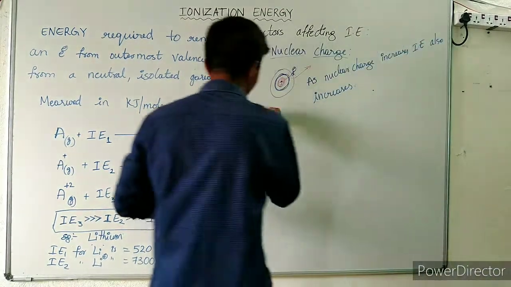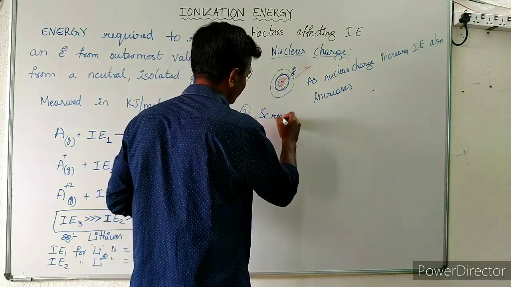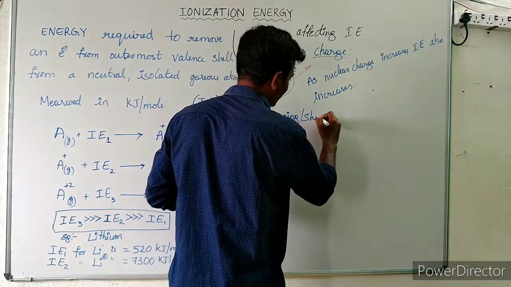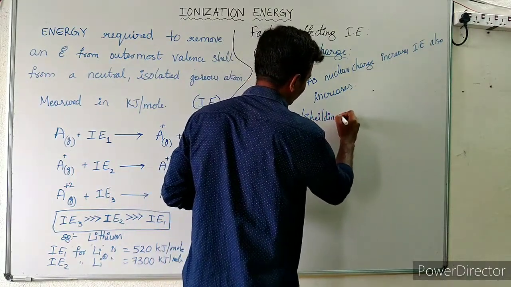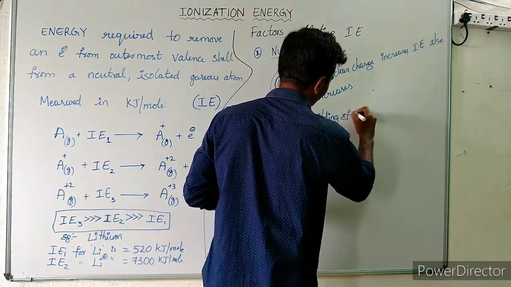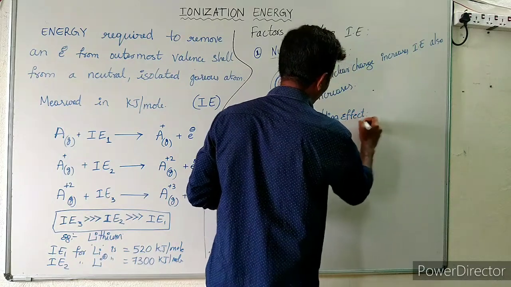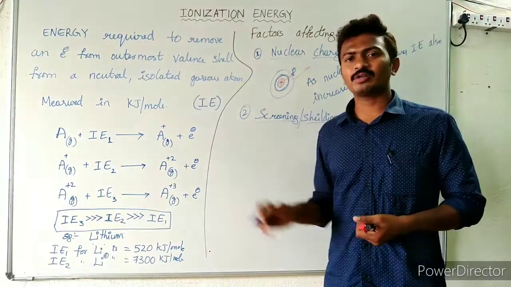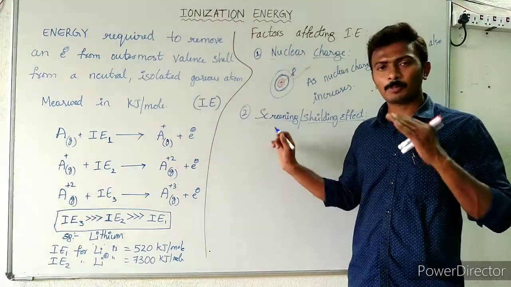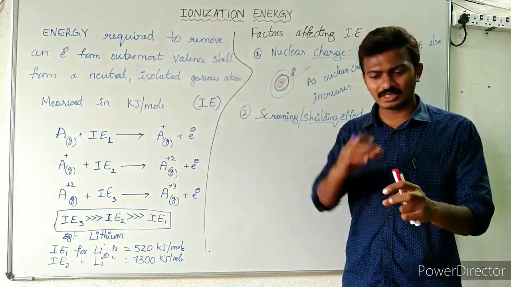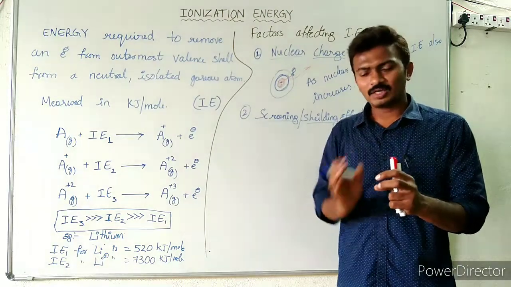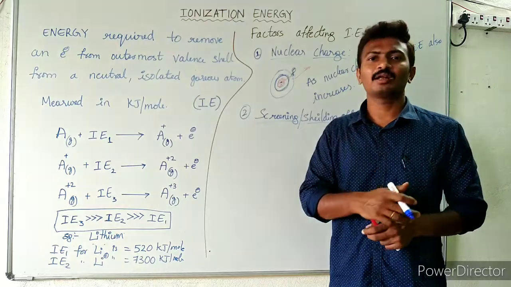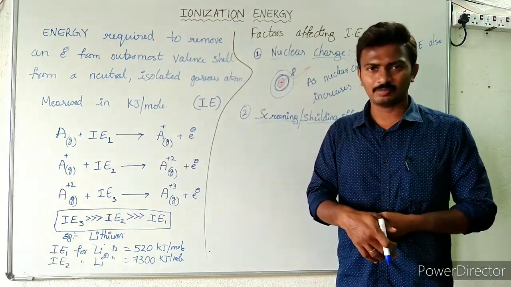The screening or shielding effect is the effect where the outermost electrons are protected from the nuclear charge by the shells, that means inner electrons, inner orbitals.